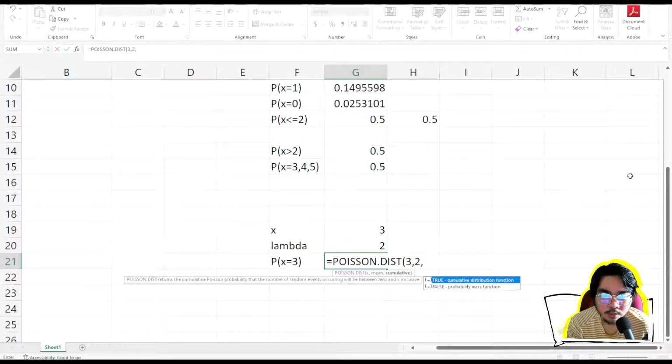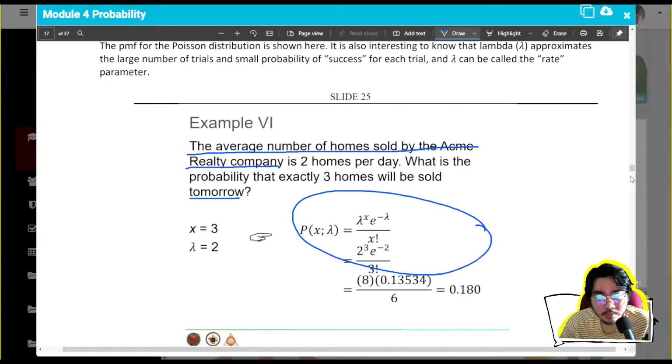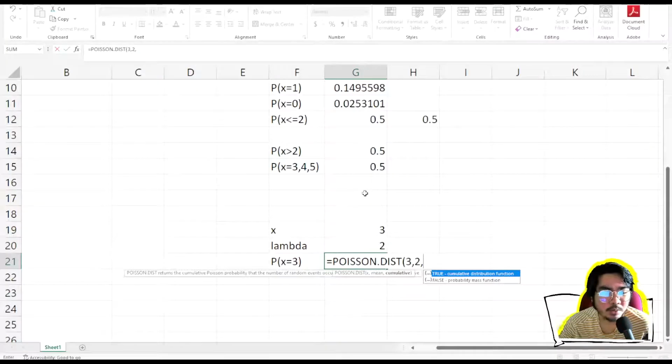Okay, so it's 2. Tapos ito, meron din siyang cumulative and probability mass function. So again, kung cumulative, you either turn this on or off. So it's either true or false or 1 or 0. So dito, we want exactly 3. Tama? Kasi if you look at the problem, exactly yung sinabi. So if it's exactly 3, then we don't use the cumulative distribution function.